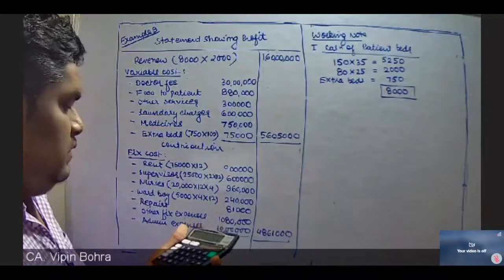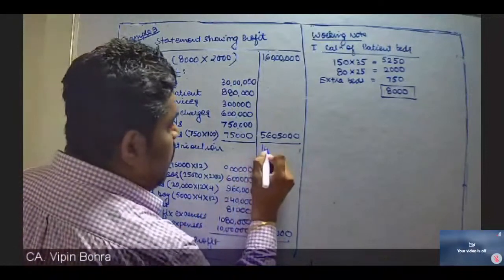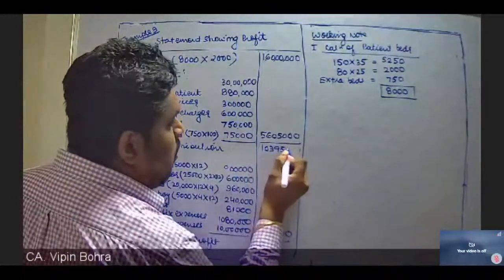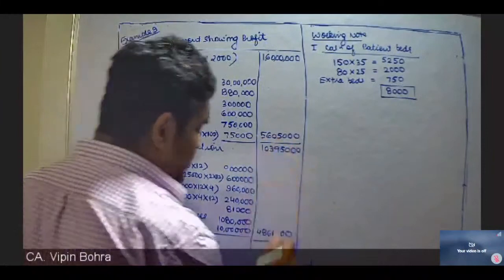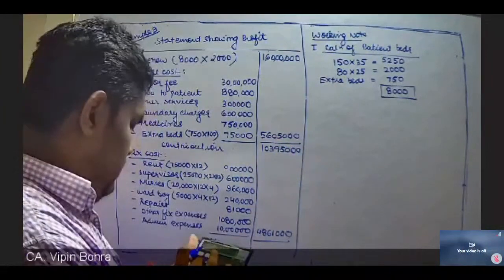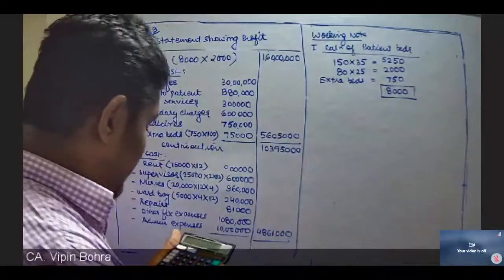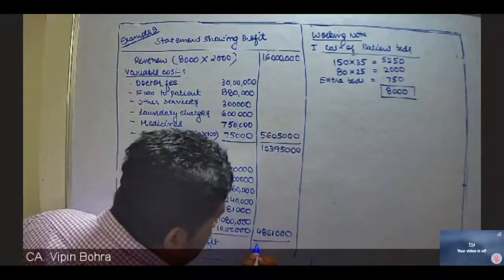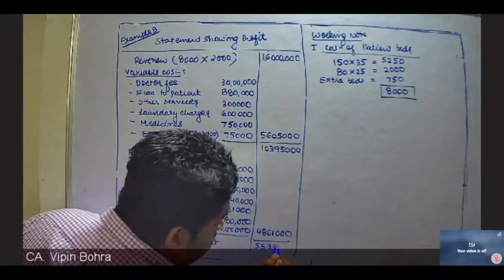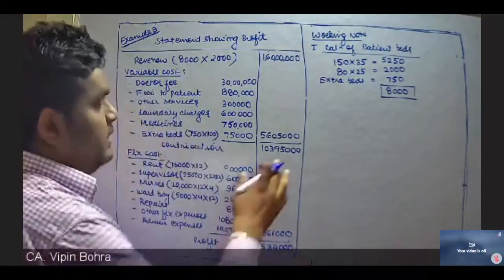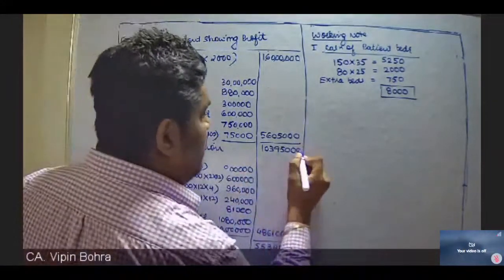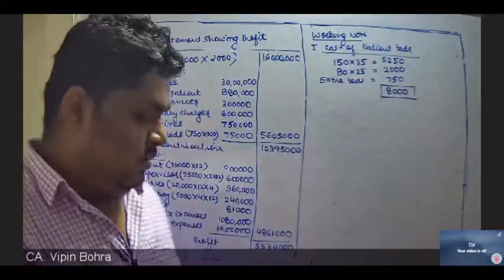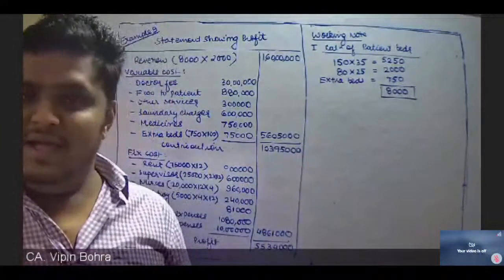So it's 1,03,95,000 minus 48 lakh 61,000. It's a slight calculation mistake. Please check. So we have got 55 lakh 34,000.